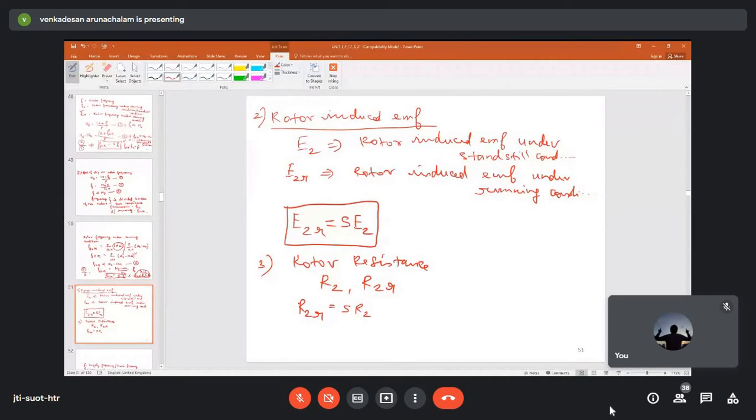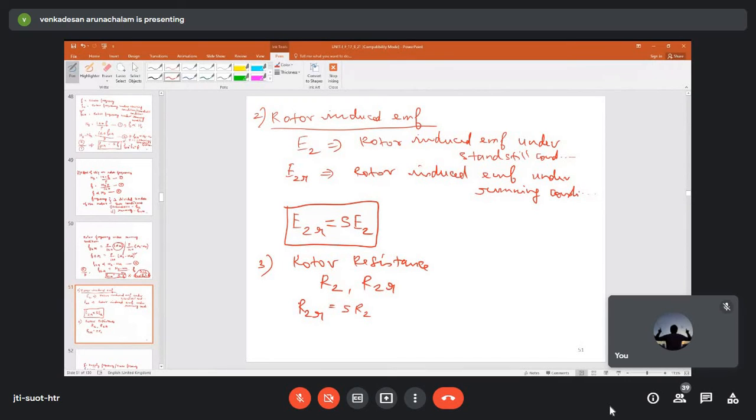It is right, but you put it in a right way. The resistance is independent of the frequency parameter. Am I right? Yes. Induced EMF depends on the frequency. But the resistance is not dependent on the frequency. It is independent of the frequency. So R2R is not having any effect from the slip, because slip is the frequency parameter.